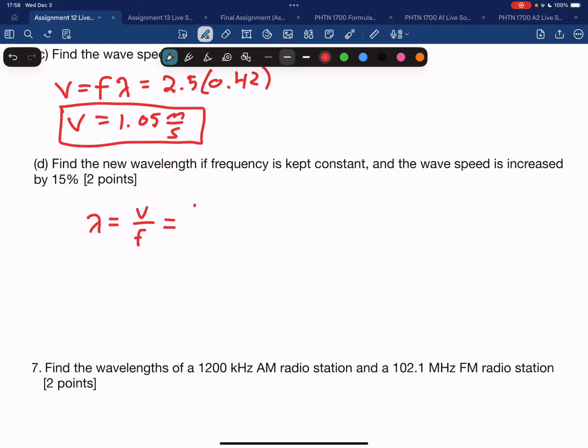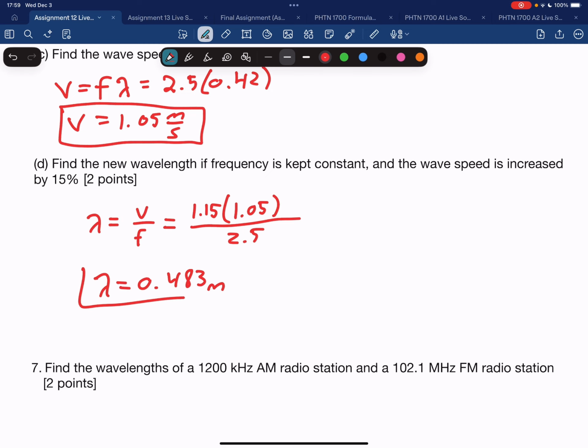This is a factor of 15% larger than our original wave speed, so we multiply by 1.15 to get 15% larger, and we divide by the frequency. And that gives us a wavelength of 0.483 meters.